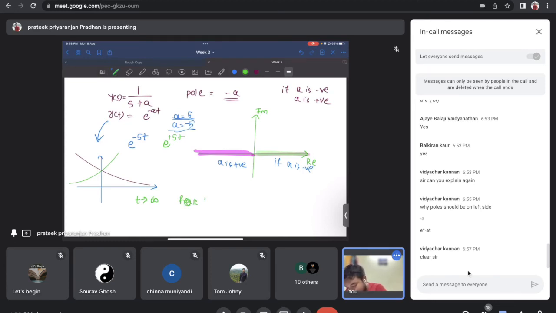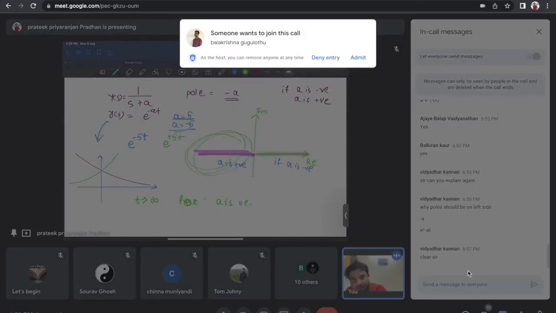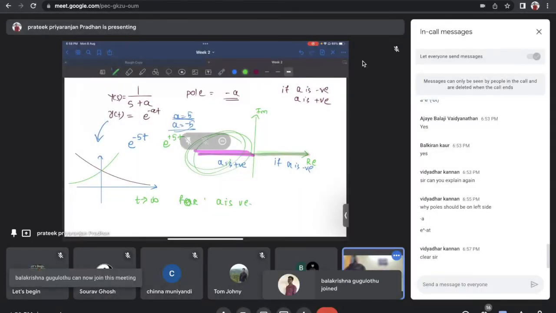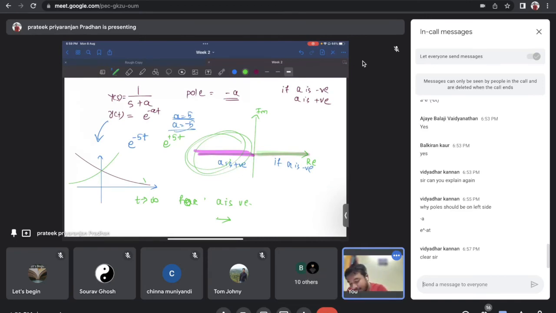So as t tends to infinity, for a positive, where the pole is in the left hand side plane, the value tends to 0. This plot tends to 0. So it's a stable system. But when a is negative, the pole lies in the right hand side of the plane, it blows away.